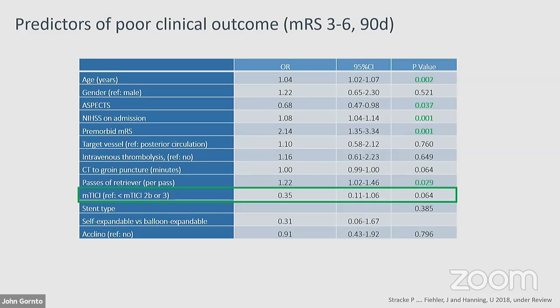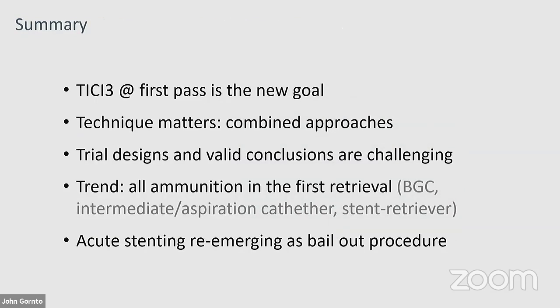So if I may summarize here, TICI-3 at the first pass maneuver is the new goal for us. So techniques matter. It's not everything the same. There are differences. But if you really want to study the differences, it's very, very difficult, even with a randomized trial, to do it in a proper way. It's very challenging.